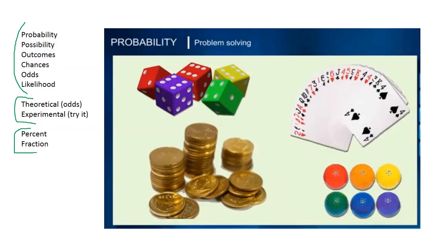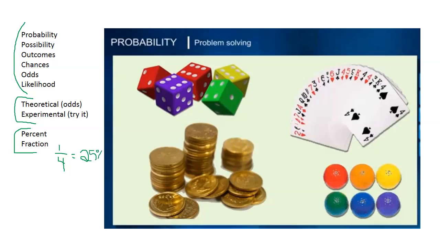Percent and fractions. So when we talk about probability, we can express probability as a percent or as a fraction. So just as we did on the previous slide, we used a fraction. We said, well, we got yellow 1 out of 4 times. And we know, because we're smarty pantses, that means 25%.